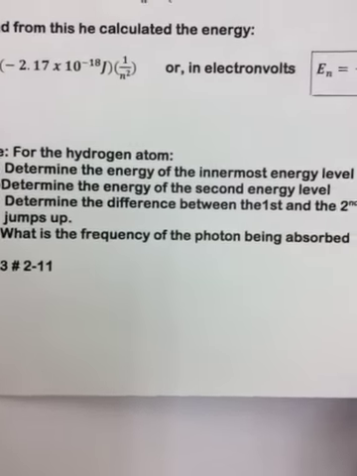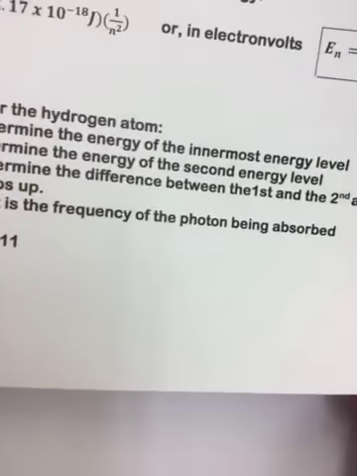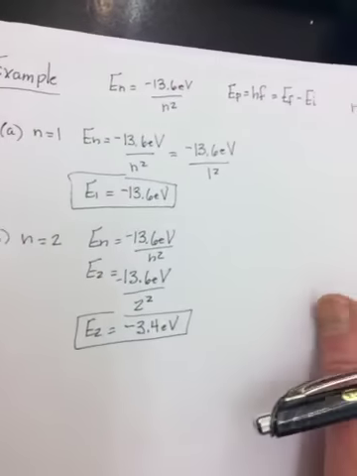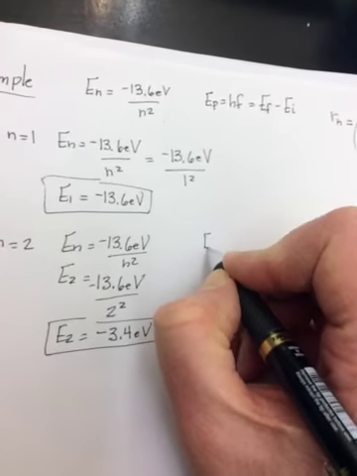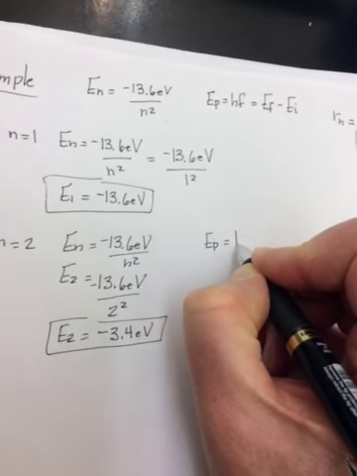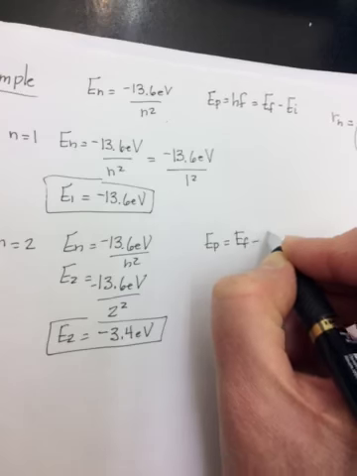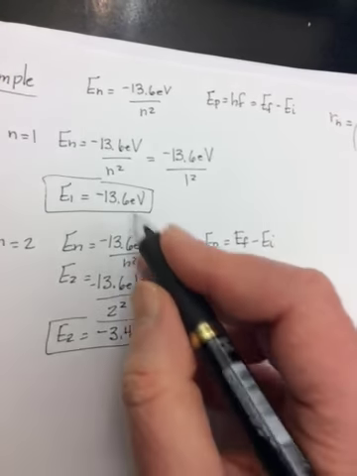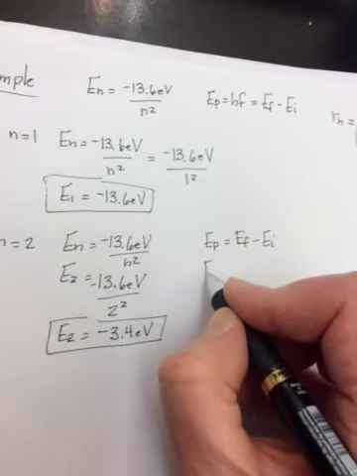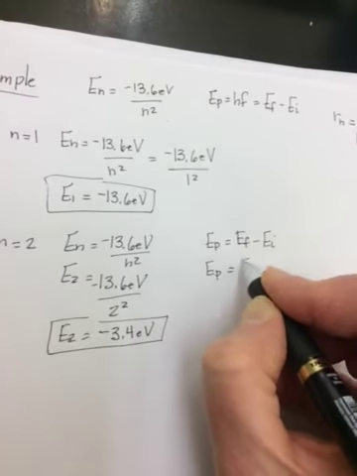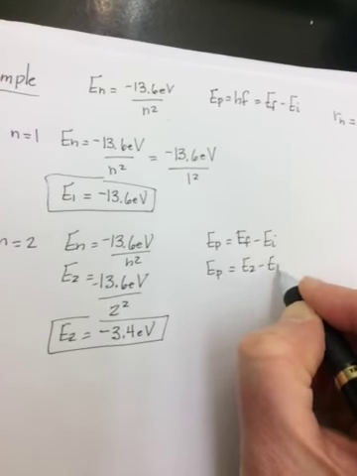So now it says determine the difference between the first and the second level as an electron jumps up. So E_photon is equal to E final minus E initial. If it jumps up, it means it's going from 1 to 2. So the final is 2 and the initial is 1.